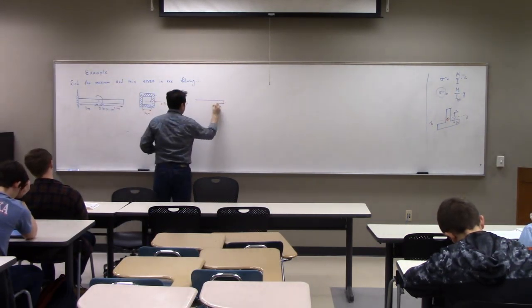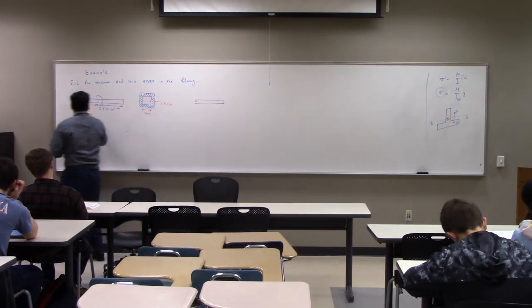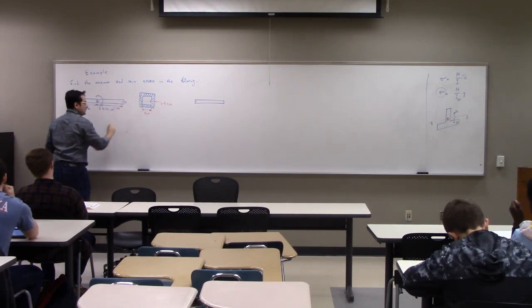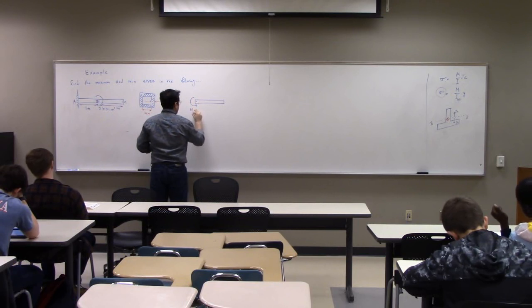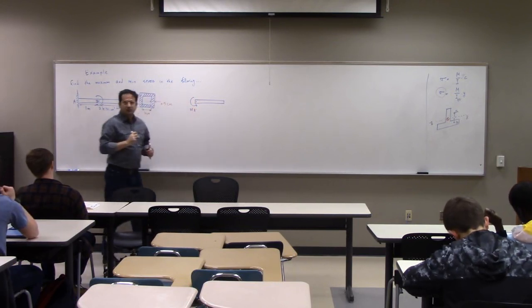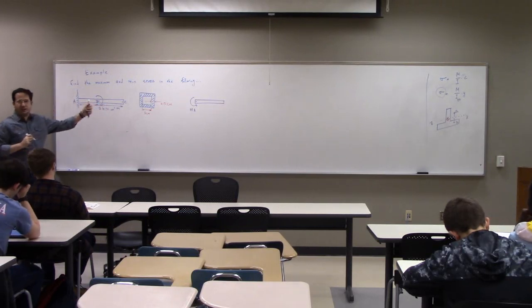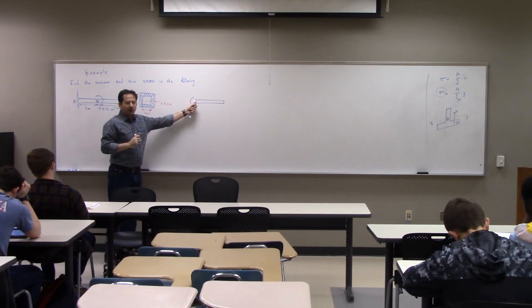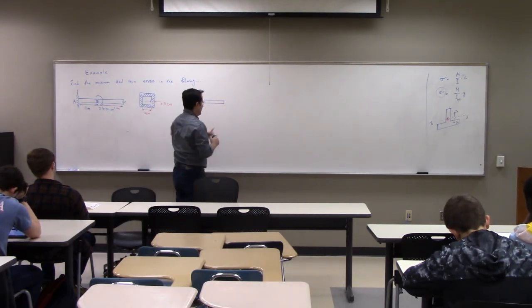So I take the entire thing as the system. There is, let's say, point A, B, C. There is a reaction moment at MA. Because I don't have any force in X or Y, I don't really bother to put AX and AY. But I know that they are zero from summation of forces in X and Y equals 0.